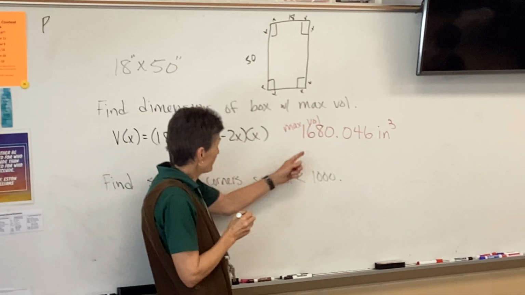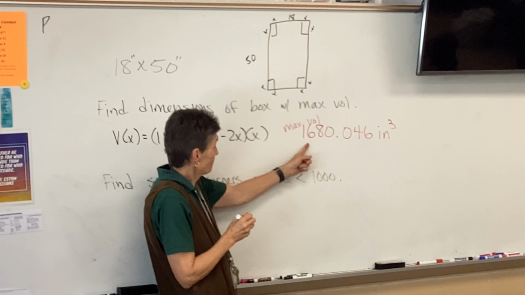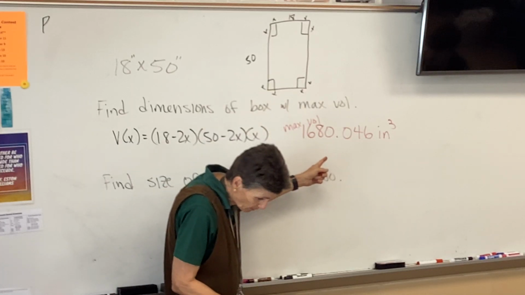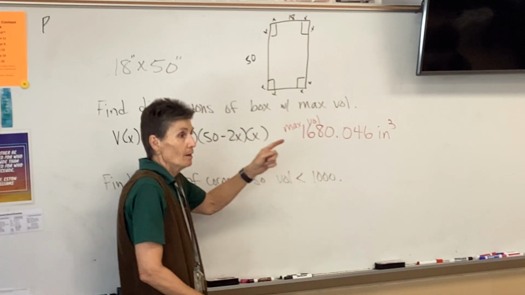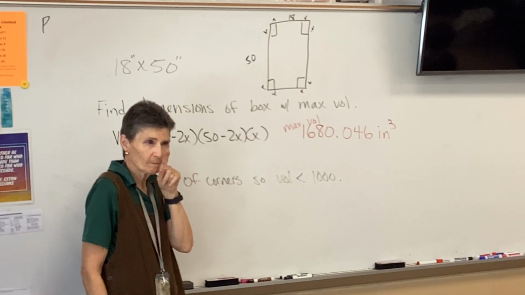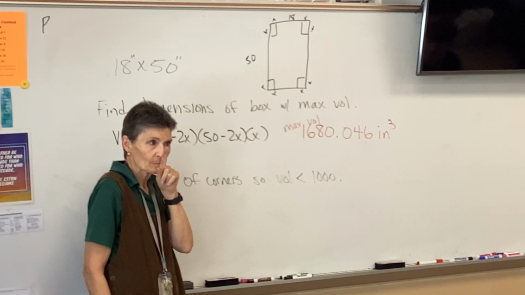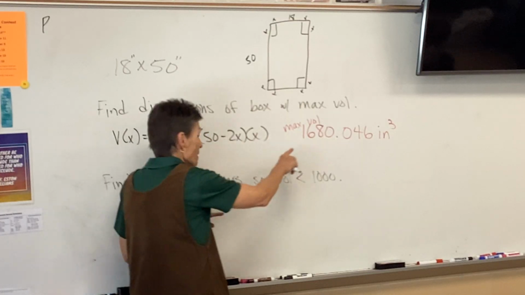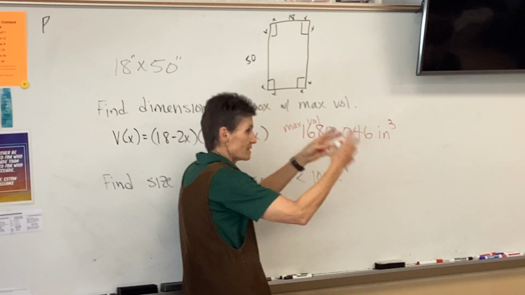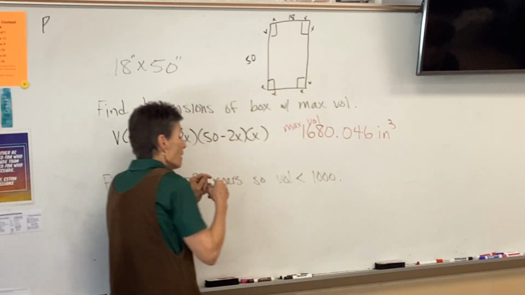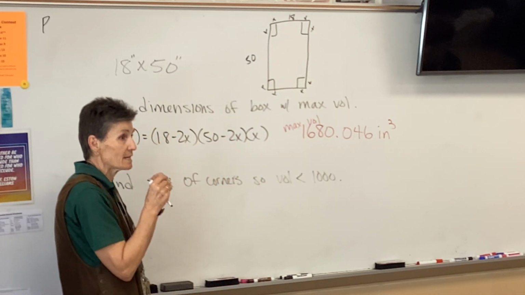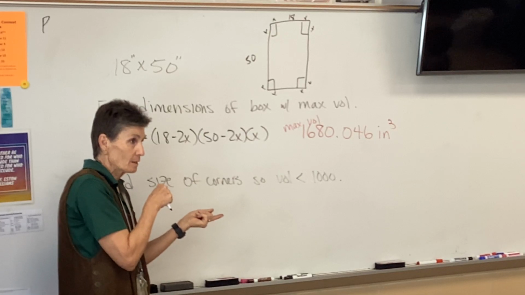So Will says the maximum volume is 1680.046. Is that what you got? Okay, but be careful. What was the question? Find the dimensions, right? So this is the maximum volume, and that could be a question. What is the maximum volume? There it is. But since we wanted the dimensions, we really wanted the x coordinate of that point.